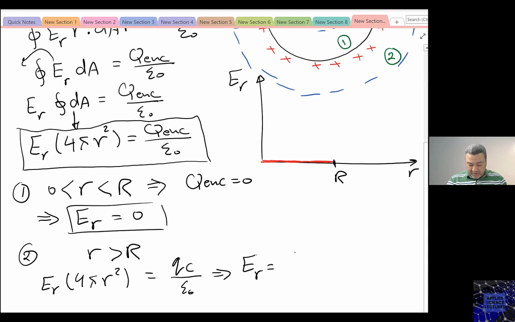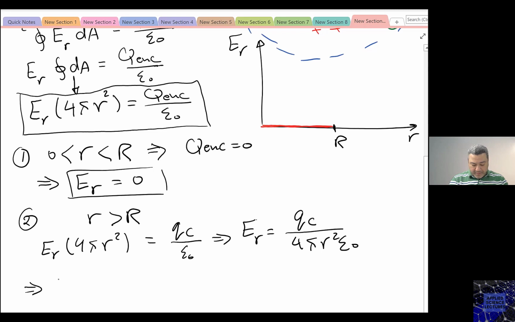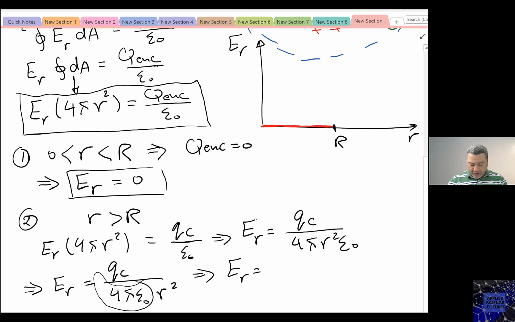Now the electric field E_r is Q_C divided by 4 pi r squared epsilon naught. Remember that 1 over 4 pi epsilon naught is K, so the magnitude is K Q_C over r squared.